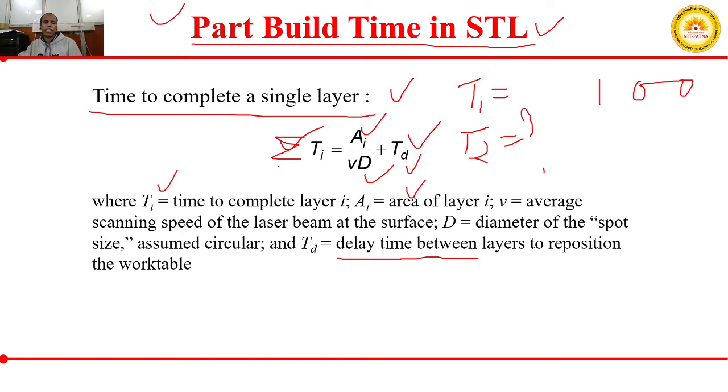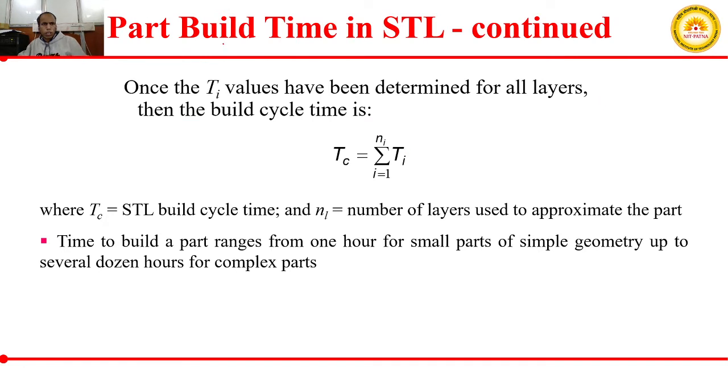Suppose there are n layers, so the summation of Ti, where i varies from 1 to n, where n is your number of layers. So the total time, the total build time, you may write as TC, the total build cycle time.